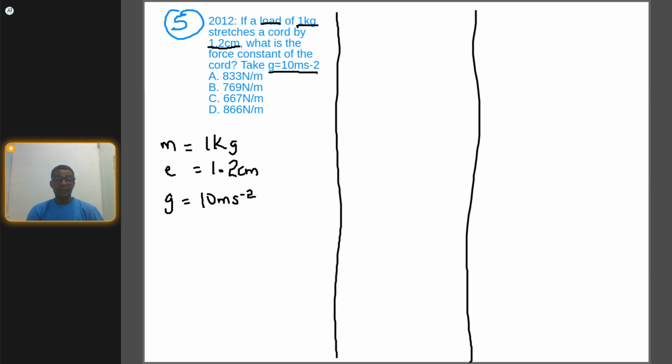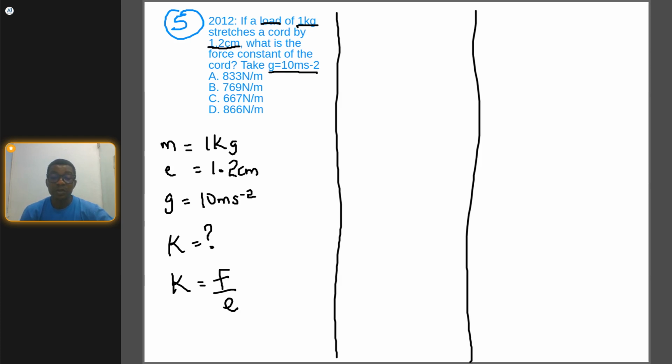Now to get the force constant, which is letter K, which is unknown, K equals force over extension.